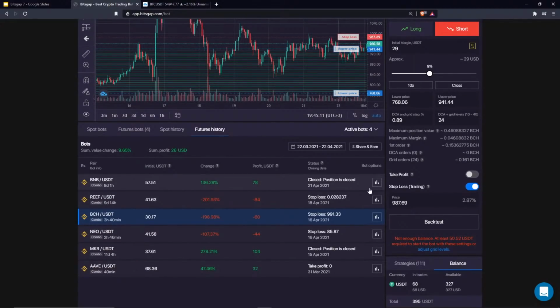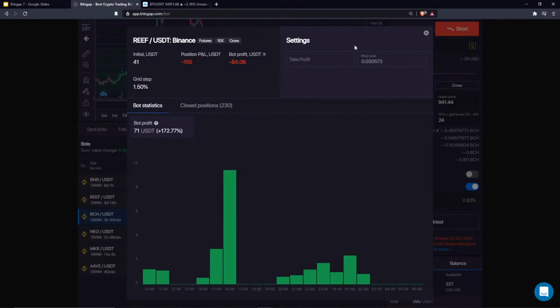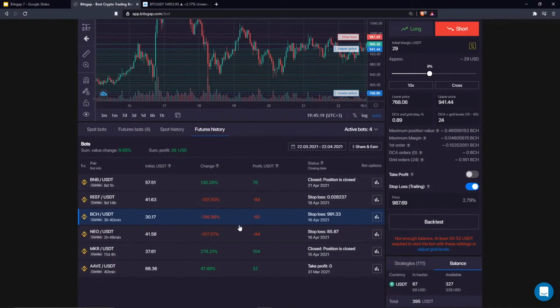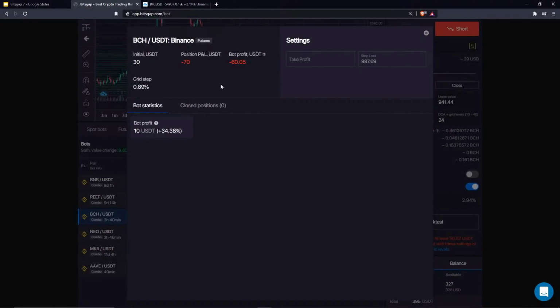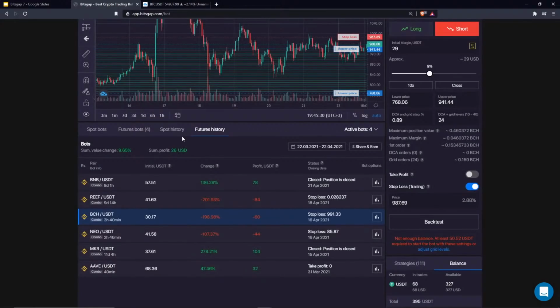You can use these past trades to analyze them to see where you were wrong, so that next time you avoid making the same mistakes. And we will add more metrics here, so you would have more information about your past trades and could compare them with one another to spot your weaknesses and strengths.